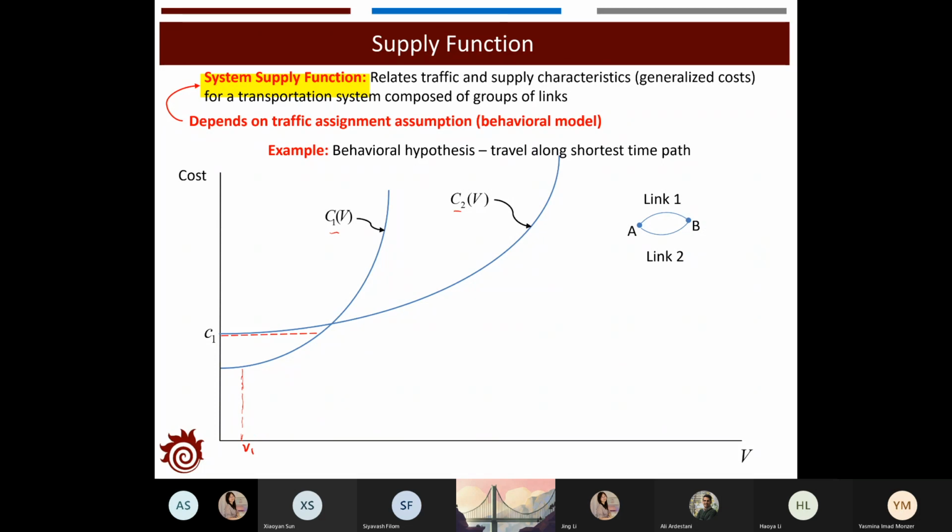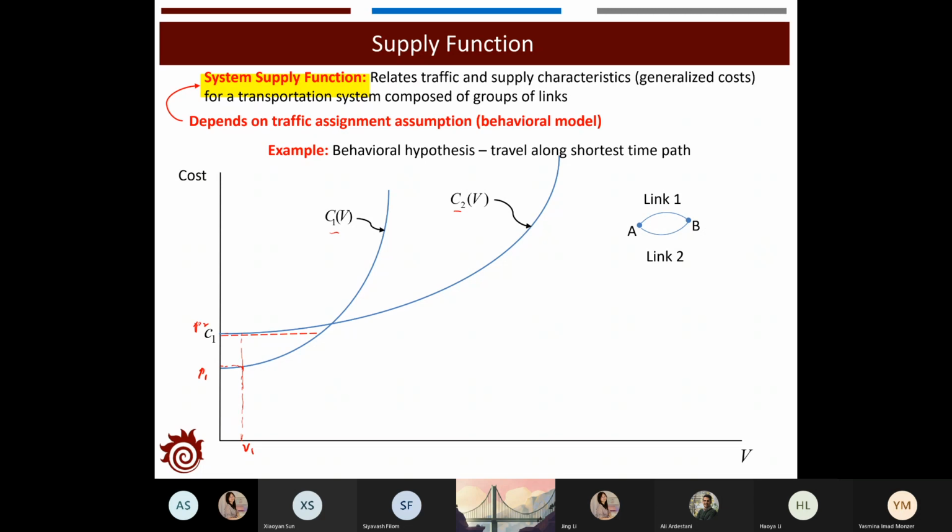If the vehicle takes link 1, it can get the cost of C1. Let me use P1 to differentiate it. You can get the cost of P1, and if they take link 2, you can get P2.